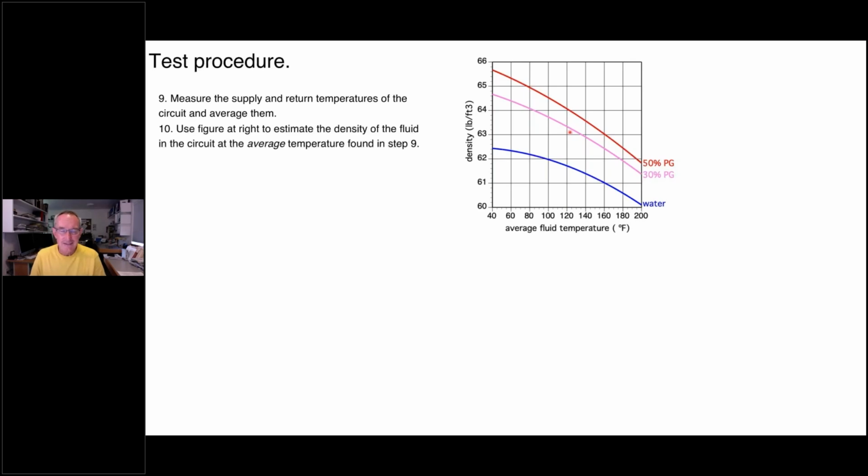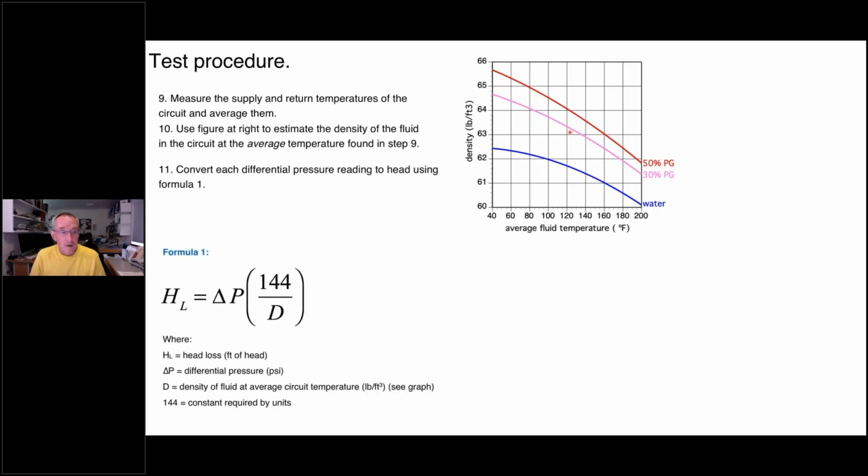If you think it's antifreeze, but you're not sure what concentration, you can get yourself what's called a refractometer. They're inexpensive meters. You put a few drops of the fluid in, and you look into a prism, and it'll give you a rough idea of what the concentration is of that fluid.